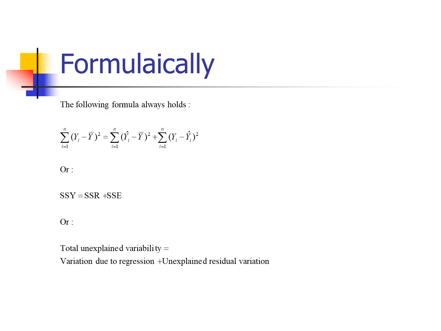We can represent this concept algebraically, and that's the formula that does so right there. So if we look at the left-hand side of the equality, what does that look like to us? Exactly. It looks like the numerator of the sample variance.